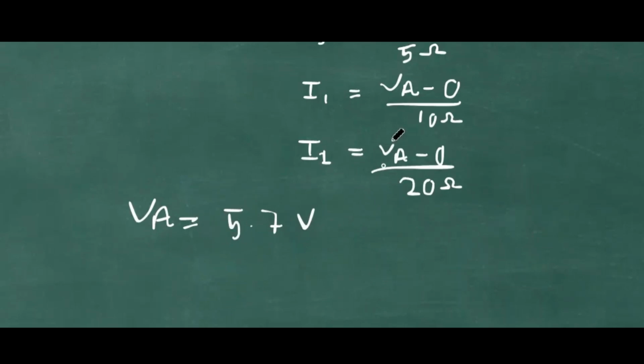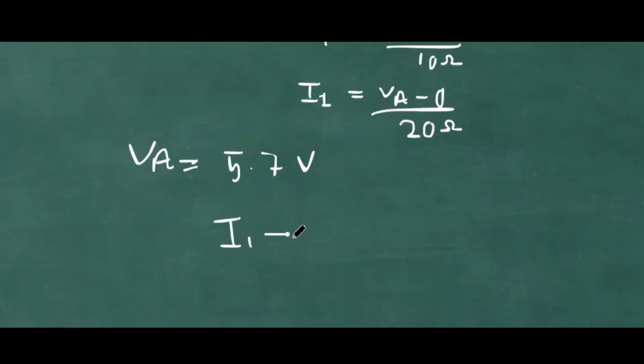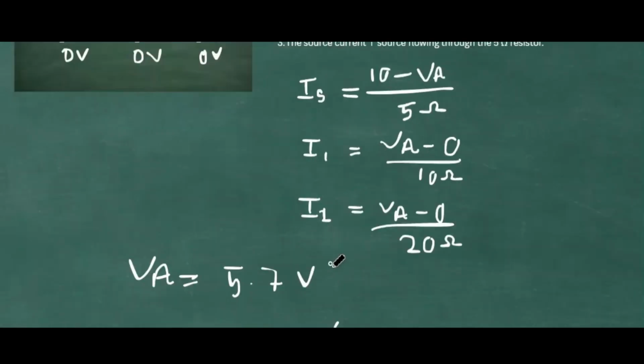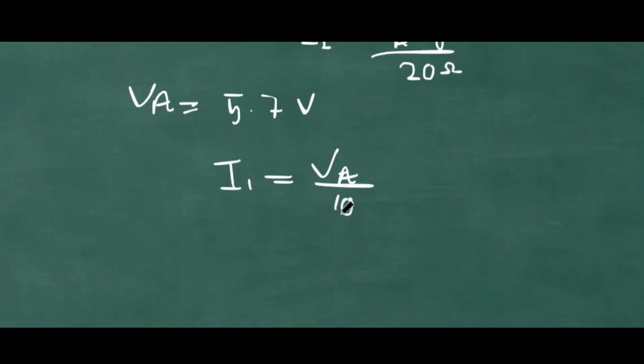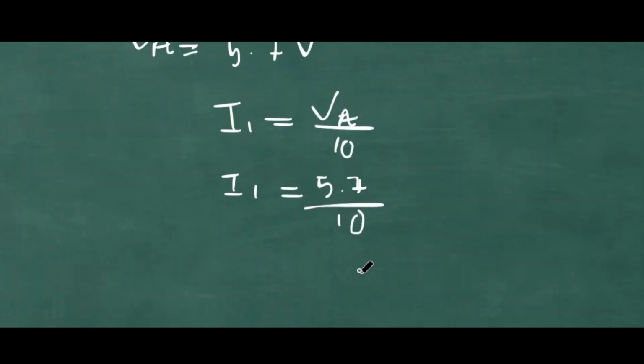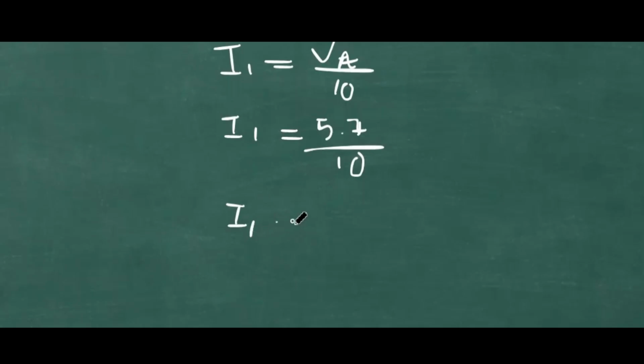So we can calculate I1, which is equal to VA minus 0 divided by 10 ohms. Substituting VA as 5.7 volts divided by 10, I1 current is equal to 0.57 amperes.